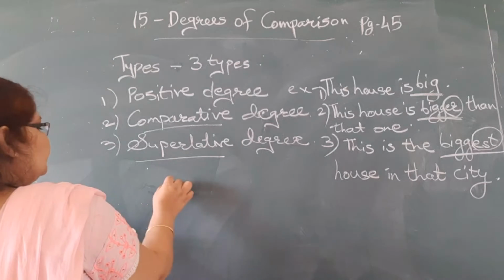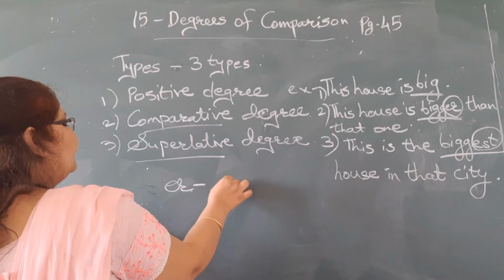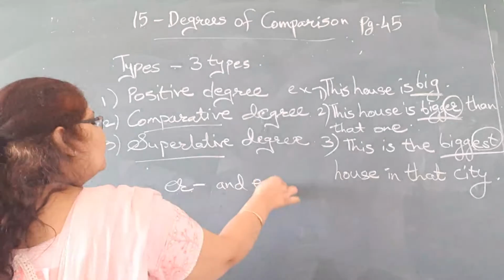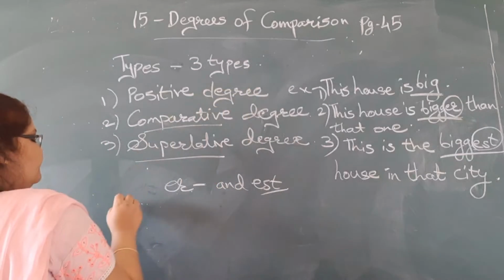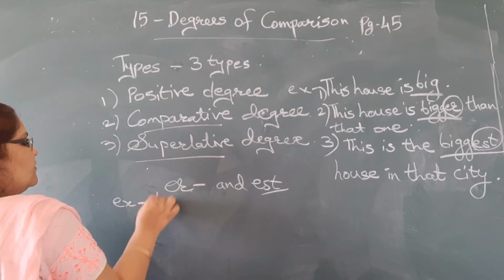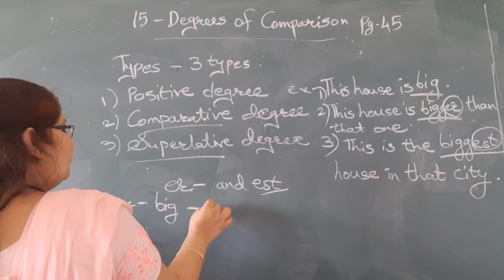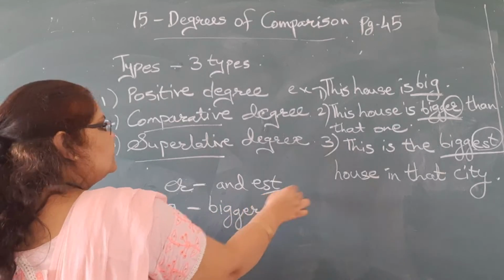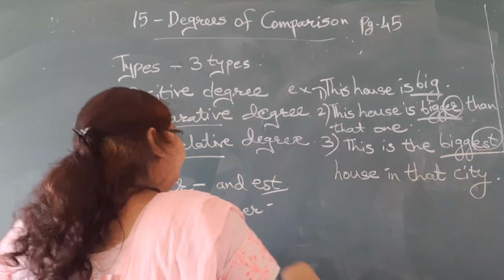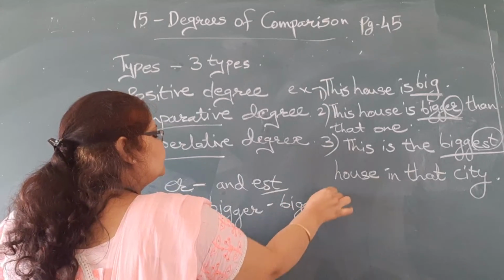So ER for comparative and EST for superlative. Positive was big, so we wrote bigger for comparative and the superlative degree was biggest.